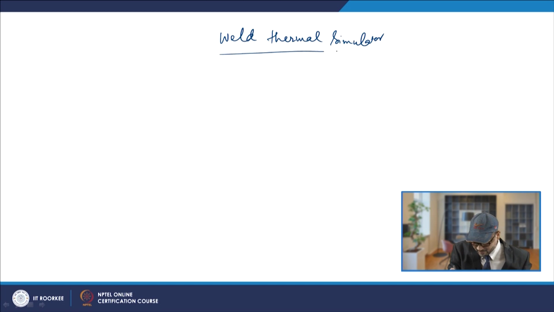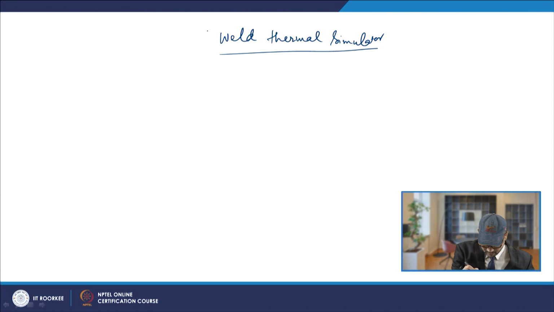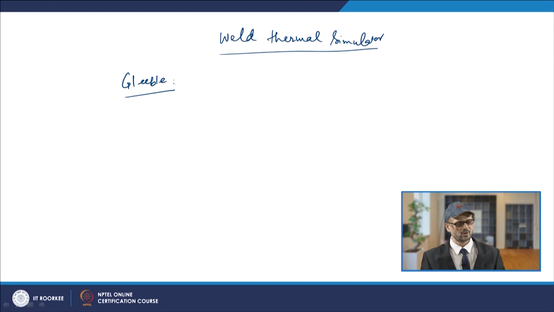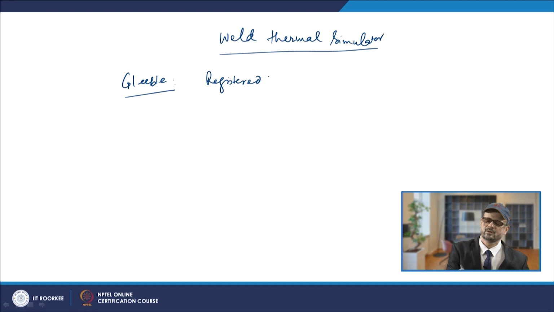The thermal cycle experienced by the specimen can be duplicated using these machines, and the standard apparatus for that is known as the Gleeble. Gleeble is a registered trademark of Dynamic Systems.